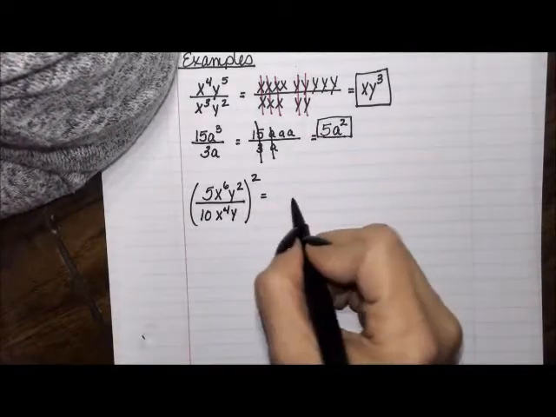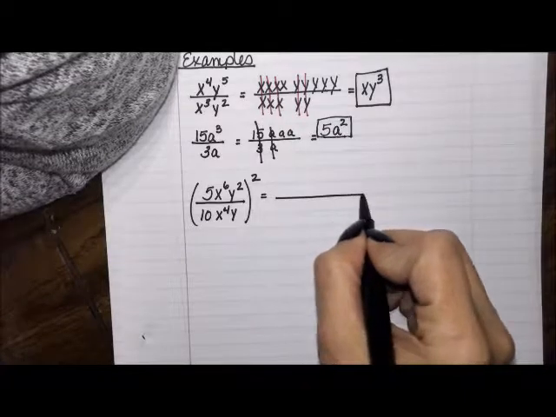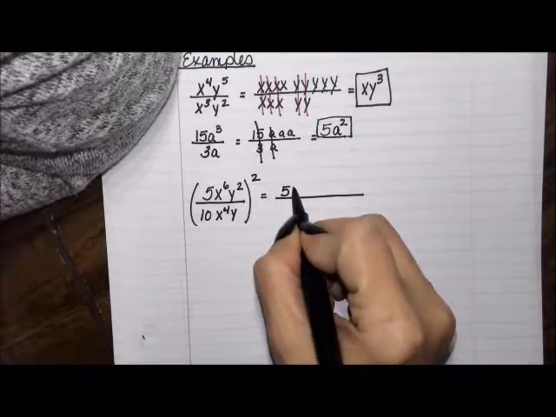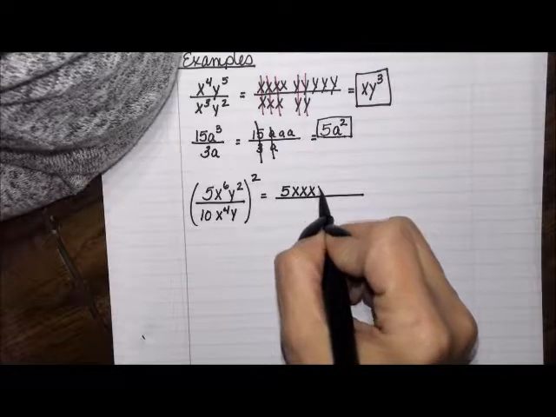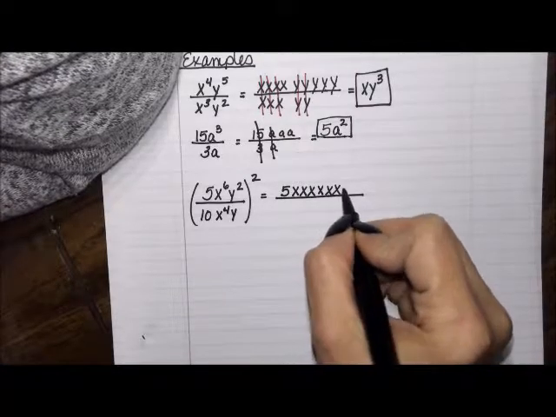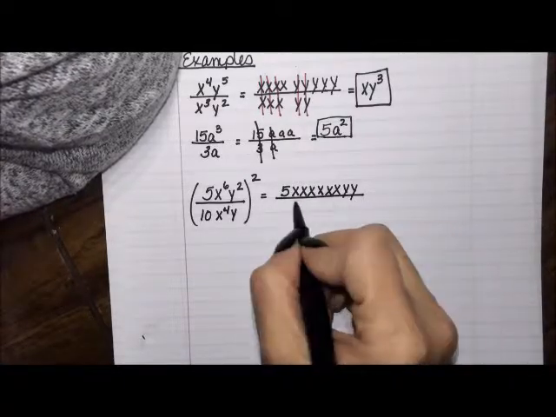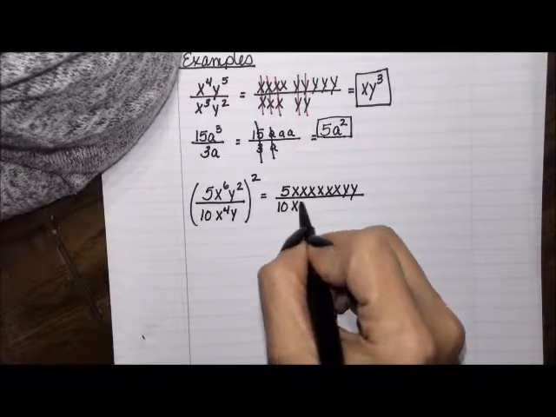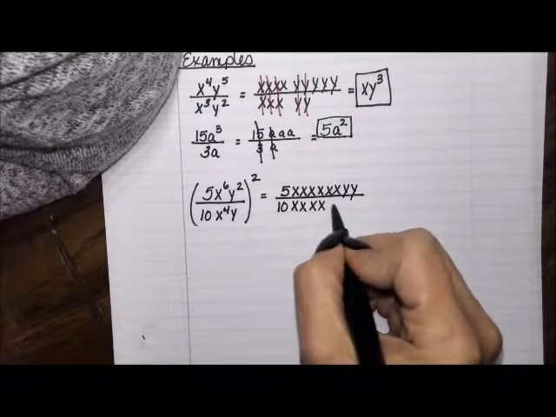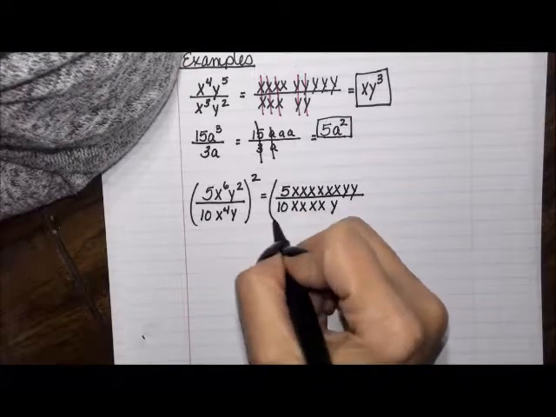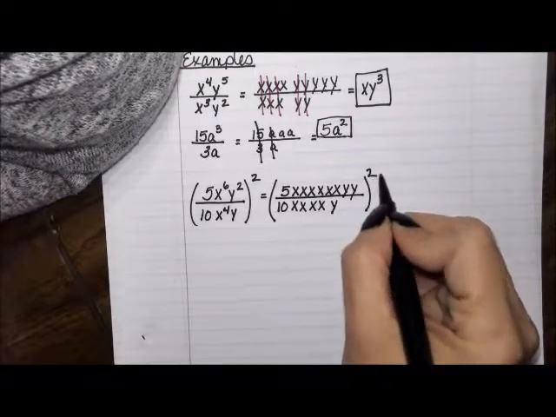Remember, we're subtracting, right? I'm going to go ahead and expand it out. So that's a 5, and then 1, 2, 3, 4, 5, 6 x's and 2 y's. 10, 1, 2, 3, 4 x's and a y. And all of that is squared.